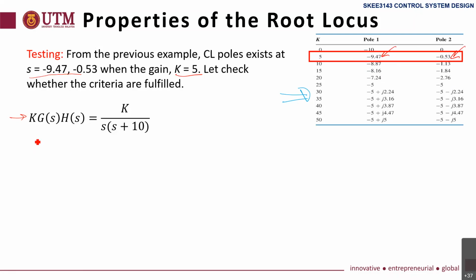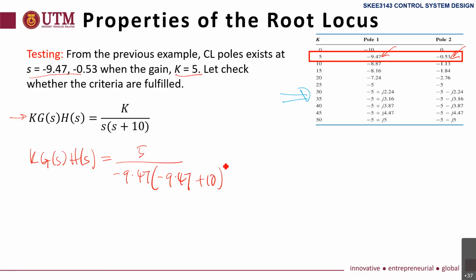Let's try K G(s)H(s) when K equals 5 and s equals minus 9.47. So I put 5 over minus 9.47 times (minus 9.47 plus 10). Here I substitute s with the value of the pole.